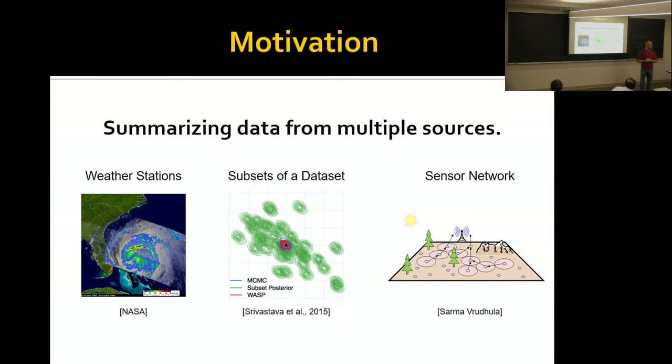Now when I do that, each of the 10 machines gets a slightly different posterior distribution because they all have slightly different data. And so in the subset posterior problem, the question is, can I take those 10 inferred distributions and fuse them back together into one covariant signal? This is sort of a similar setting.